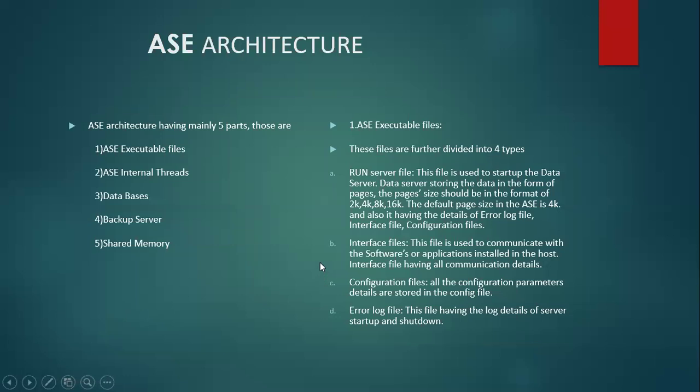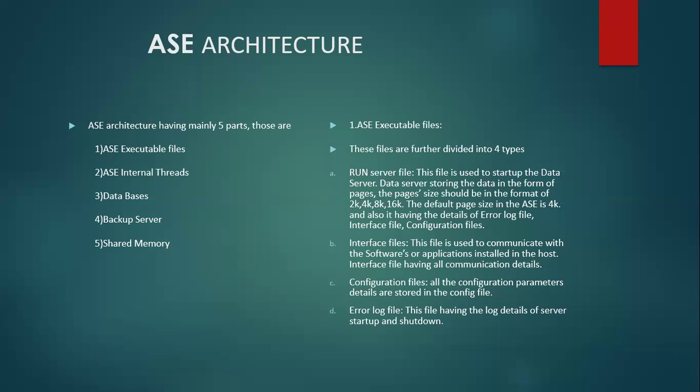Let's talk about the first section, ASE executable files. These files are further divided into 4 types: the run server file, the interface file, the configuration file, and the error log file.